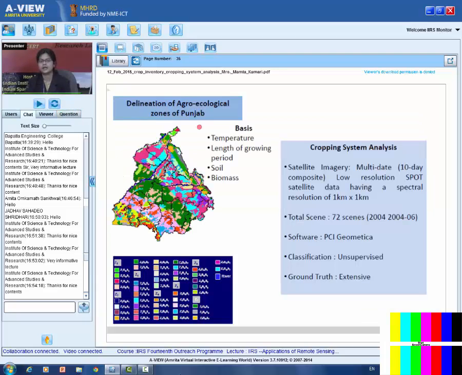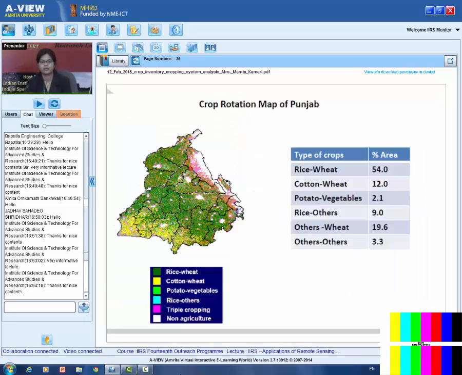So this is the agroecological zone delineation on the basis of climatic data, temperature data, length of growing period, which is totally based on rainfall data as well as potential evapotranspiration data, then soil data from NBSS LUP, and biomass data from satellite data, NDVI derived biomass. So various scenes have been taken, coarse resolution SPOT data at 1 kilometer by 1 kilometer are considered, and the crop rotation map was generated.